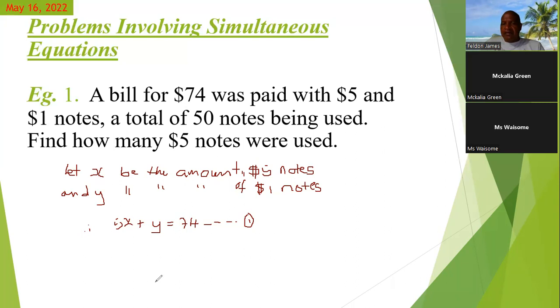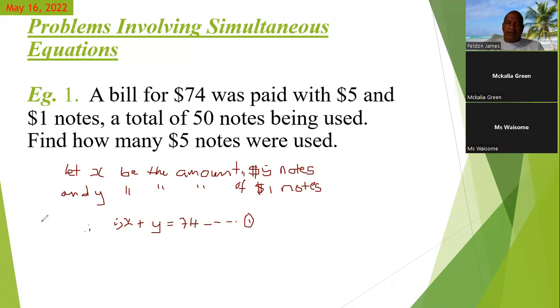In $5 notes, right? Yes, sir. So how many $1 notes? How do we define the amount of $5 notes and the amount of $1 notes? In the 50, sir.